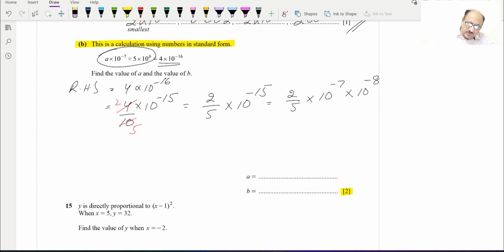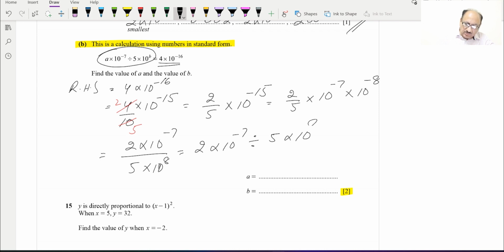So this will become 2 into 10 raised to the power minus 7 over 5 into 10 raised to the power minus 8, which will change to plus 8. If you compare this, we can rewrite it as 2 into 10 raised to the power minus 7 divided by 5 into 10 raised to the power 8.